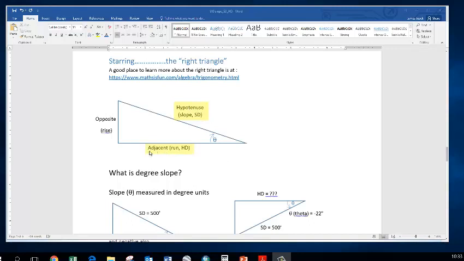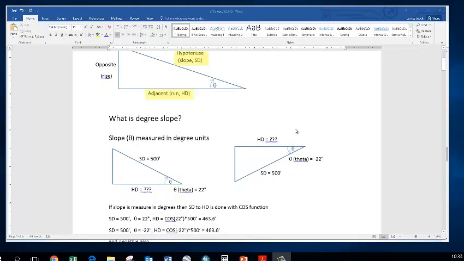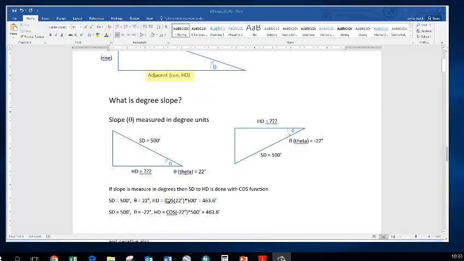You're always comparing the adjacent to the hypotenuse, okay? We tend not to use this so much when we're doing degree slope. When we do percent slope, we start comparing the opposite and the adjacent, okay? So let's take this slowly. Notice that we are using the cosine function for this.